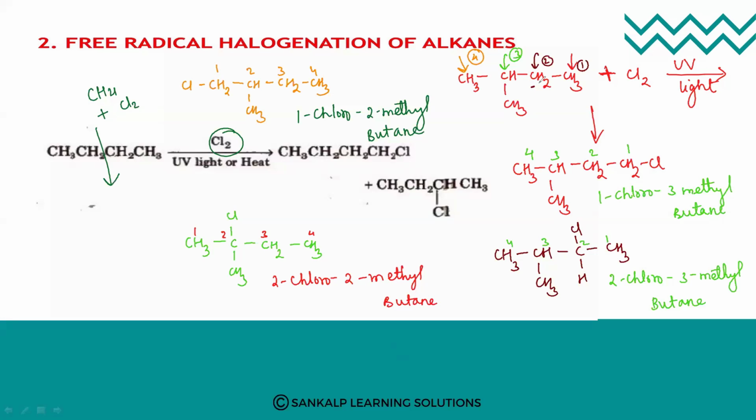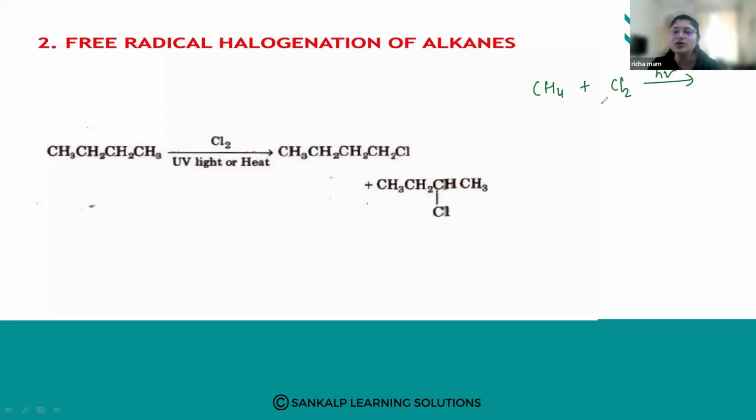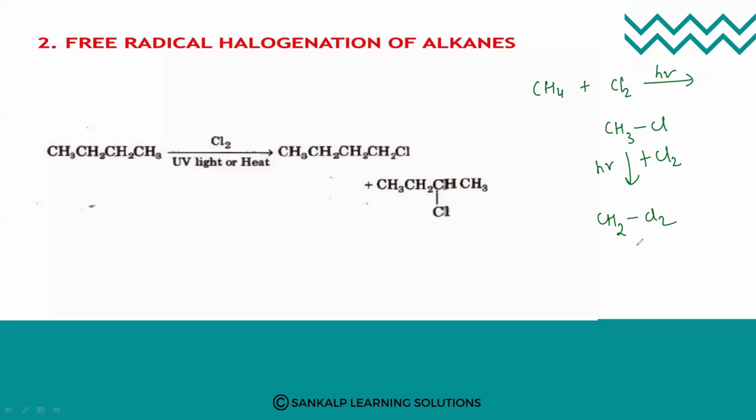So take methane. I do chlorination on this. First chlorination, what will happen is CH3Cl. Suppose again I am doing chlorination, again I have supplied the light and again given the halogenation. Then what will happen? Again CH2Cl2.